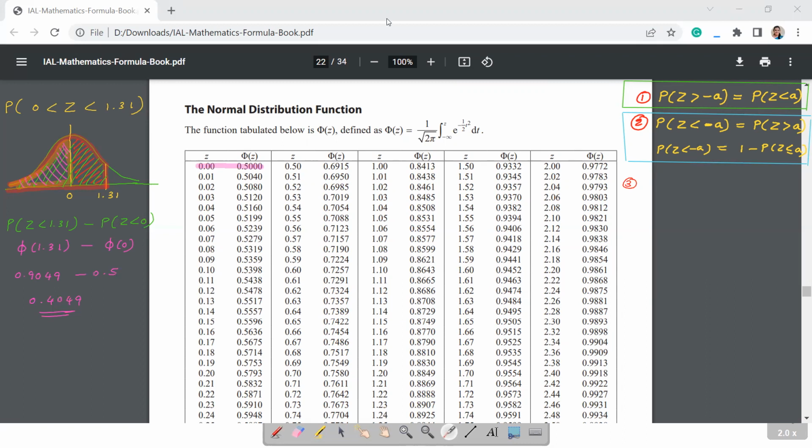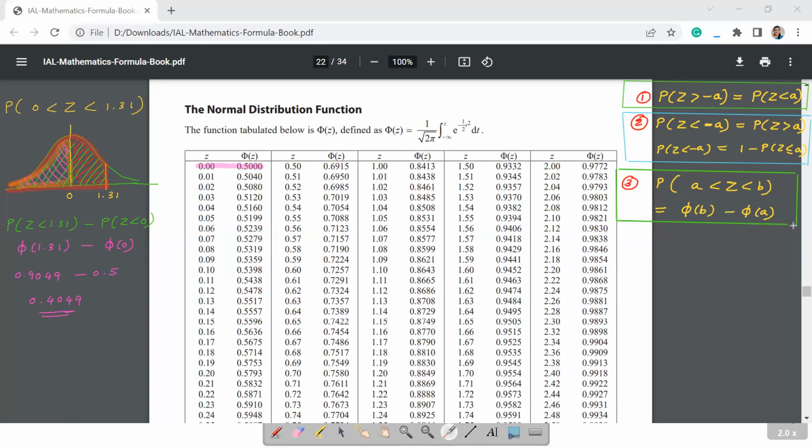So the next rule: where you have Z between A and B, obviously A should be smaller than B, this is found directly: you take the phi B and subtract from phi A. Okay, guys, so this is the next rule. Makes your life very simple and easy. You can directly use them. There's no need for any proof.